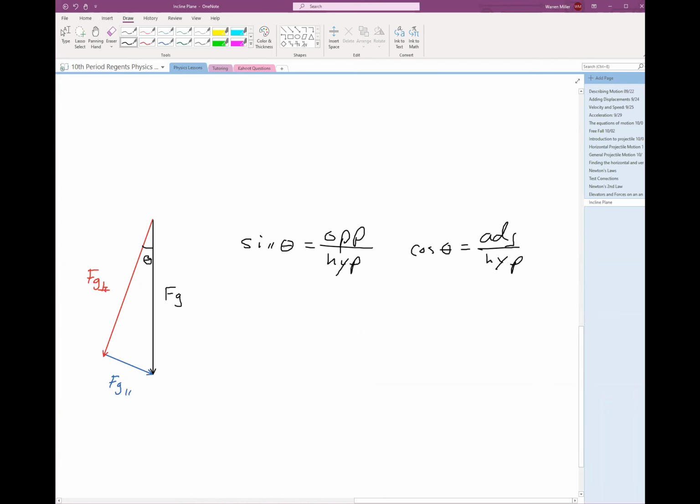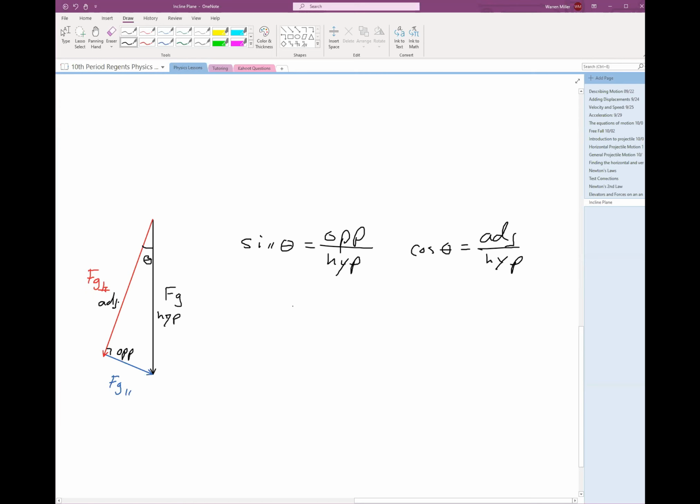You guys have seen this before? In this particular triangle, the opposite side is the side that's across from the angle, so I'd label this the opposite side. The longest side, which is also across from our right angle, is the hypotenuse. And this side, which is next to the angle but is not the hypotenuse, we call the adjacent side of the triangle.